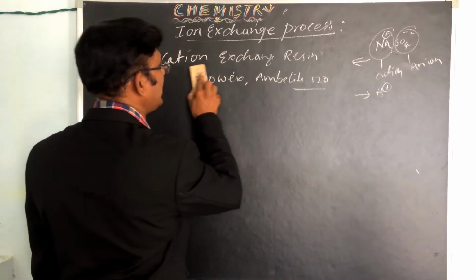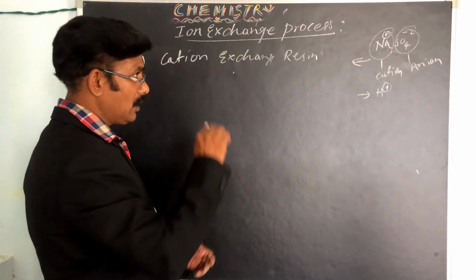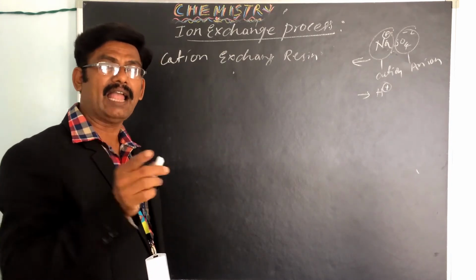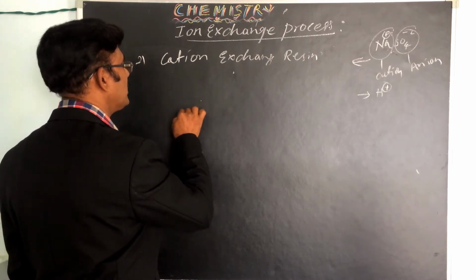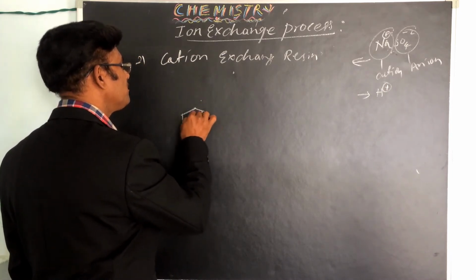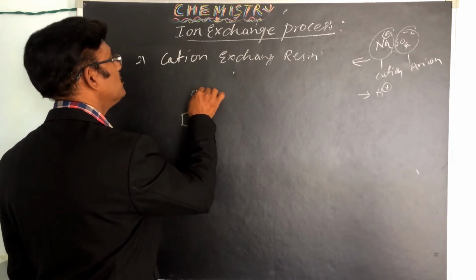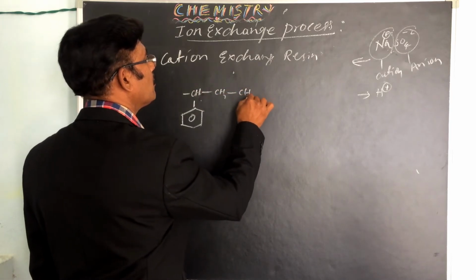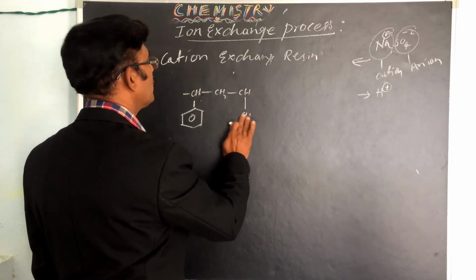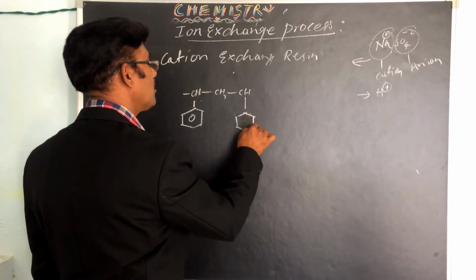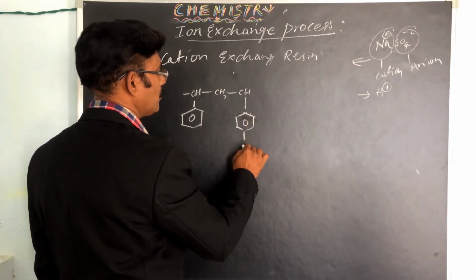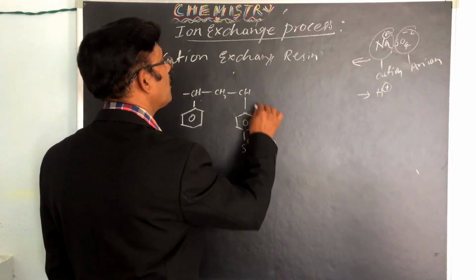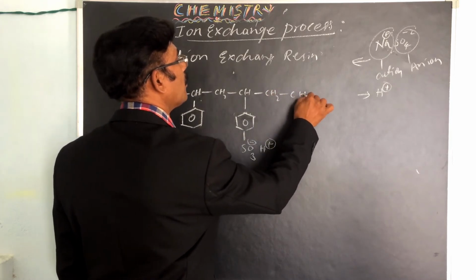Benzene, styrene, divinyl. This is the styrene. For example, we write this structure: this is the benzene, CH2, SO3 minus H plus.